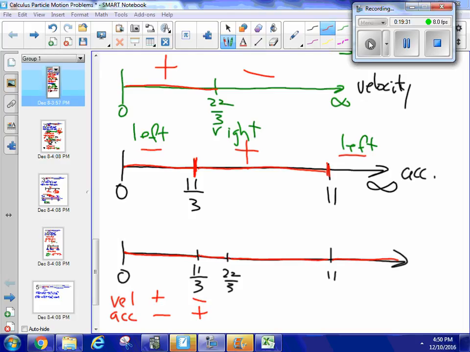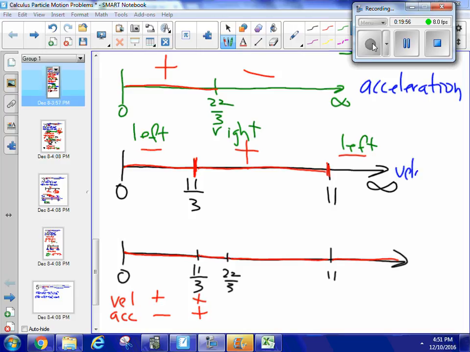Wait, stop. We're going to erase that. I don't want to redo this whole video here. I mixed up my graphs. This one is the acceleration. This one is the velocity. I copied it. This is acceleration. This is velocity.